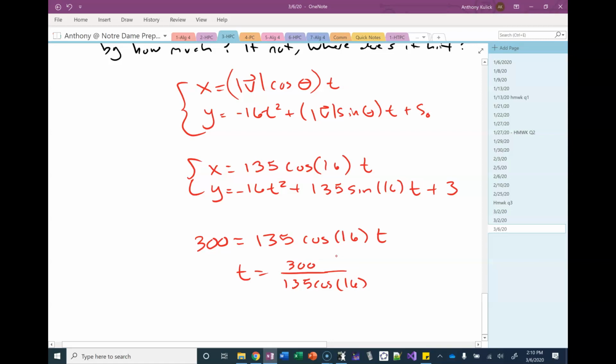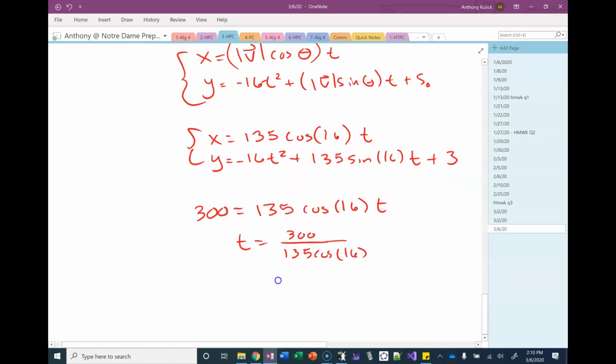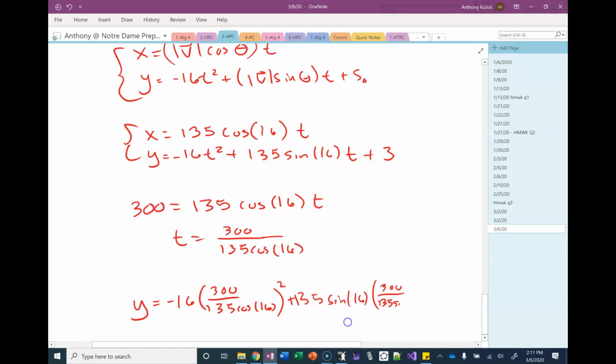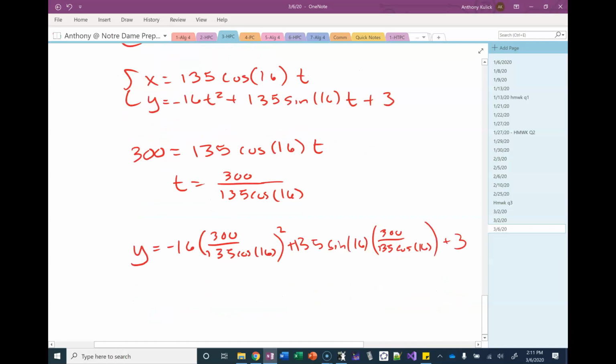Once I have that, I can use that time and plug it into t in my y equation to figure out how high off the ground the ball is when it's 300 feet away. Is everybody okay with that idea?